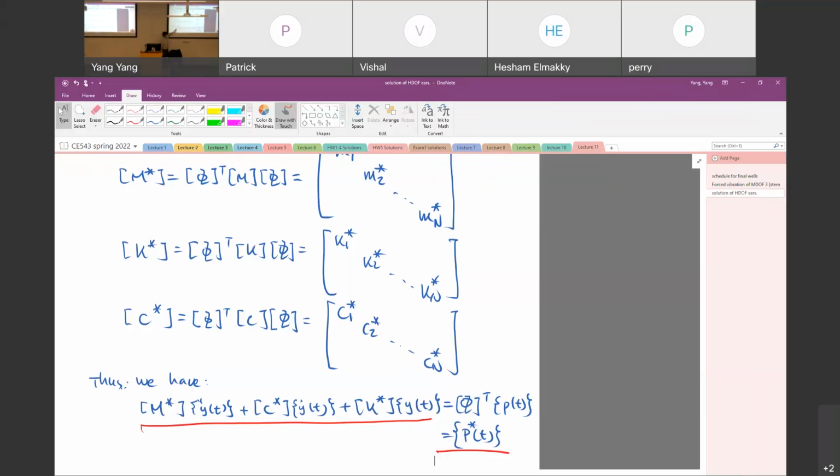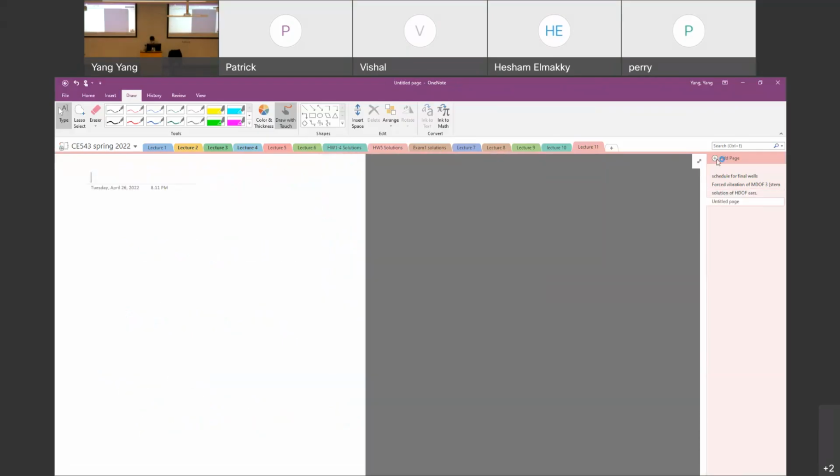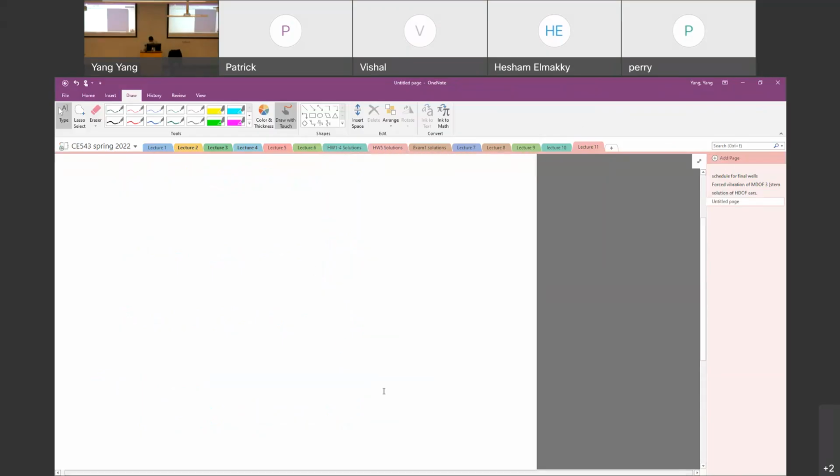And if we write the equations of motion not in matrices, but as a system of equations, we will get the new form for all the equations. So decoupling of the equations of motion.